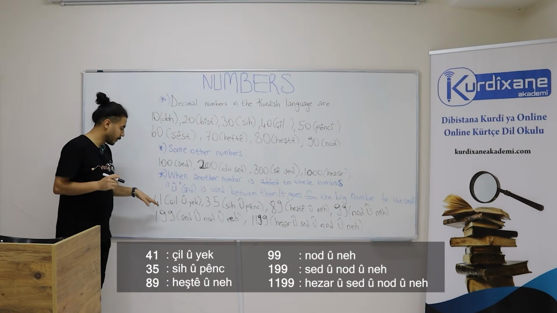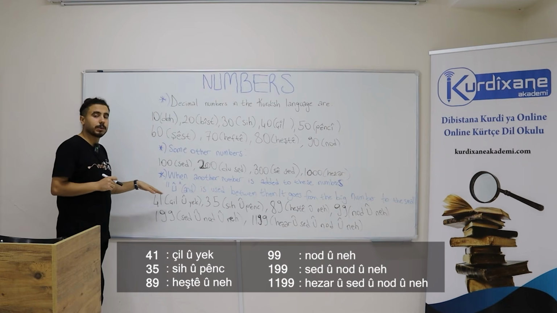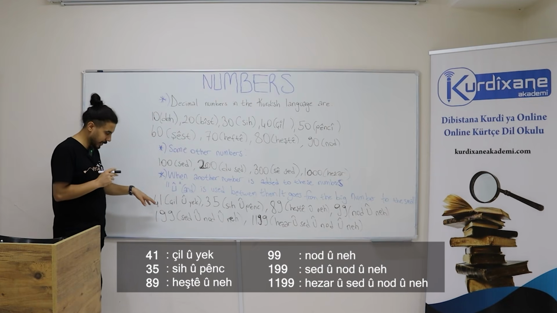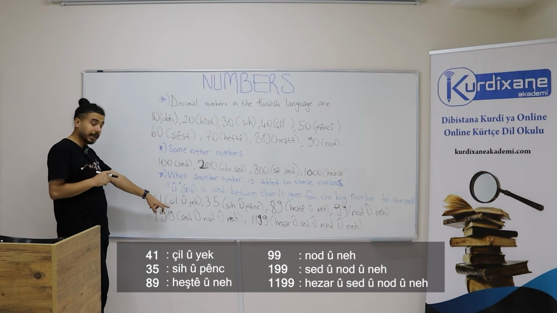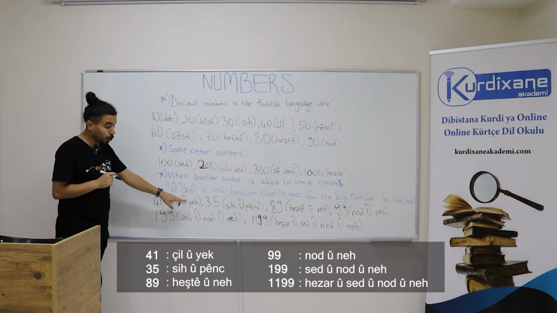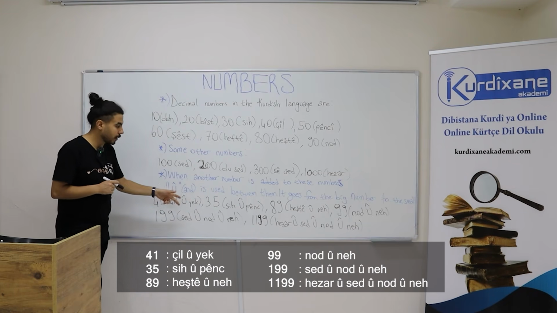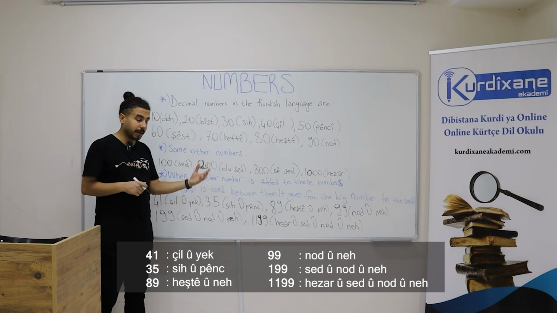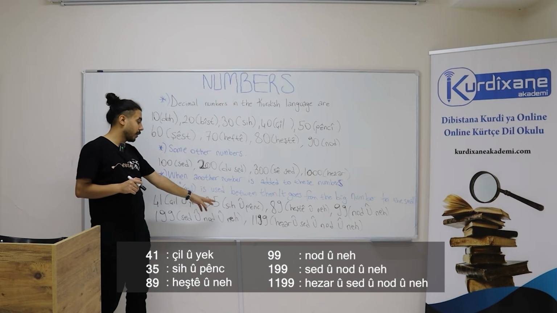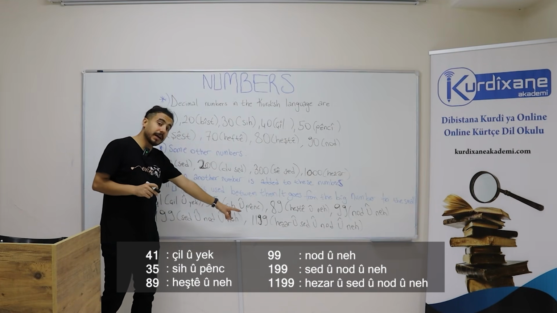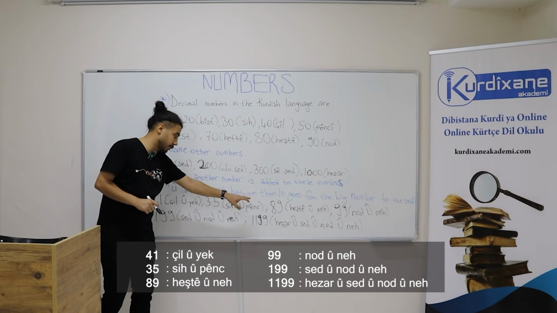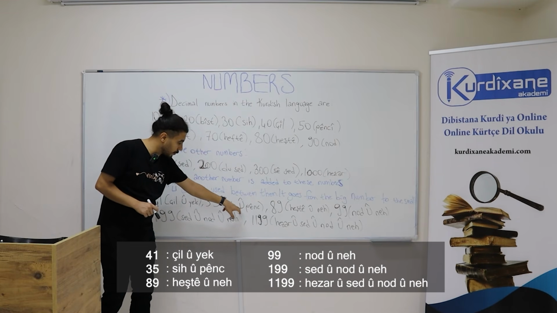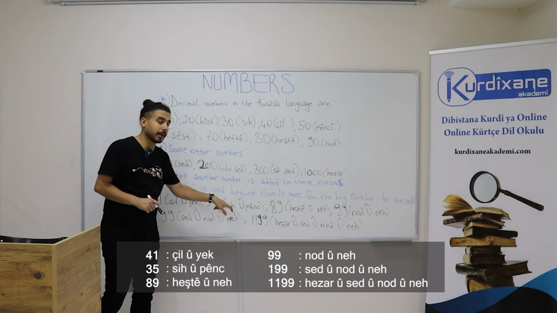How? Like this. So when you say 41, just like the English language, you say chil and you need u, chilu yek. When you say 35, you need to say 30 and 5, but you have to remember that you need an u here.